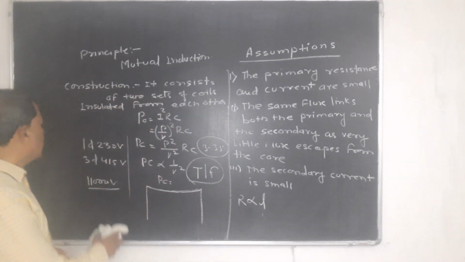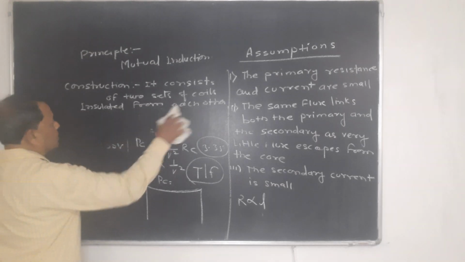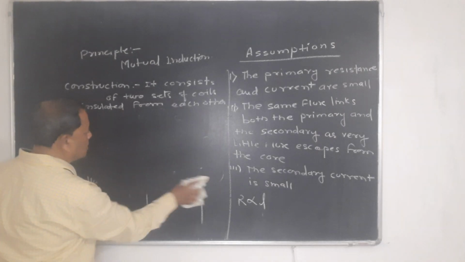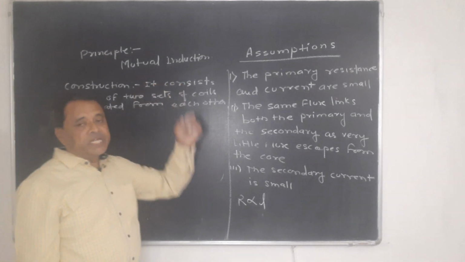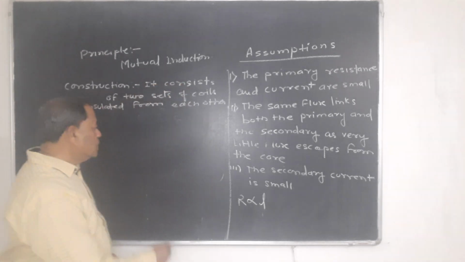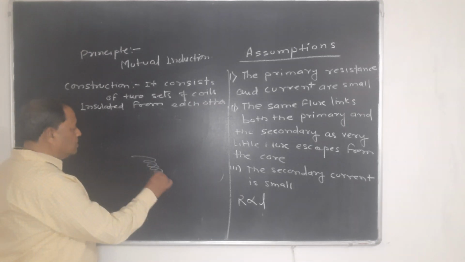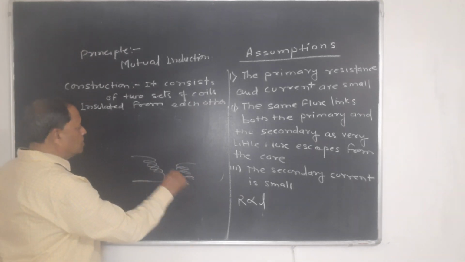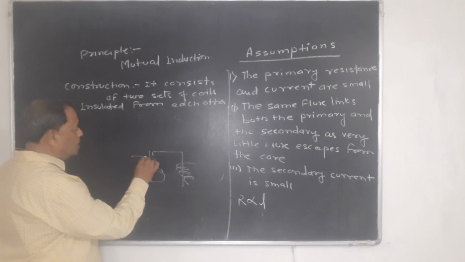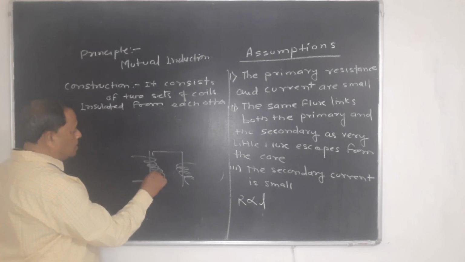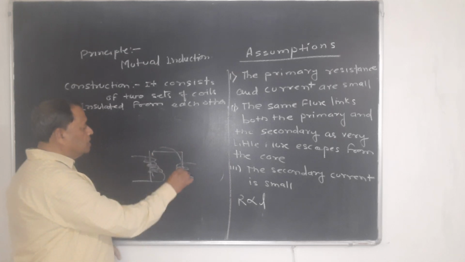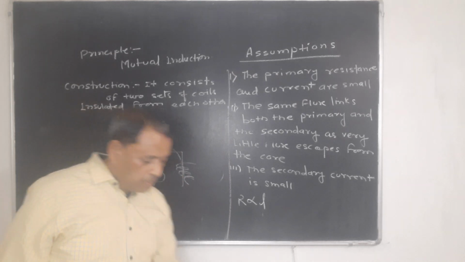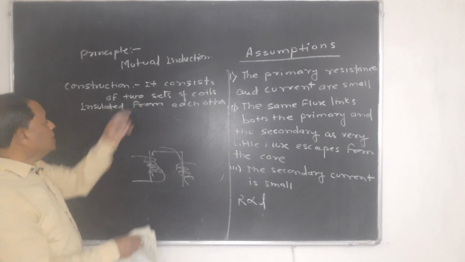Second thing, principle. It works on mutual induction. Two coils are there. Magnetic flux will be produced and it will link to the secondary winding. So this works on mutual induction.